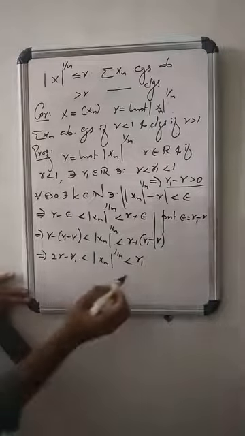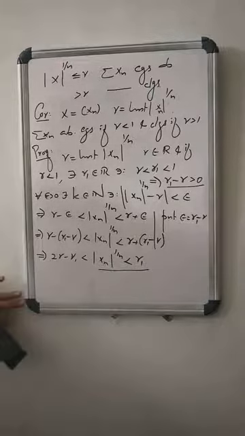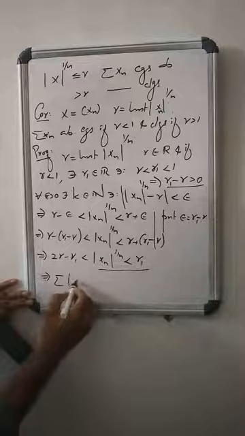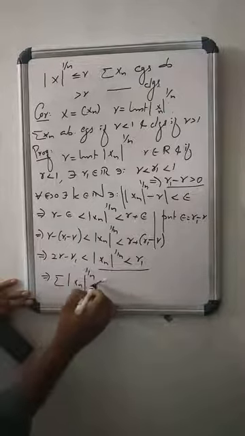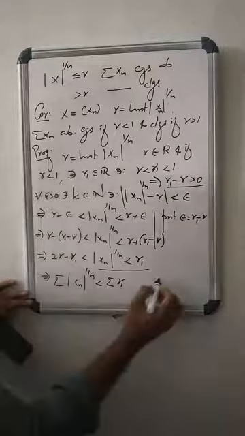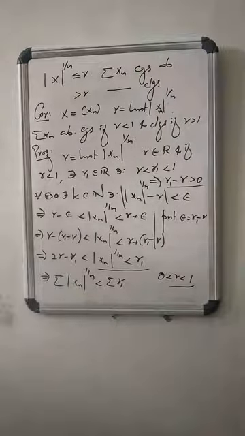Then come to the right side inequality. Modulus of x_n all power 1 by n strictly less than r1 implies sigma modulus of x_n power 1 by n is strictly less than sigma r1. What is r1? r1 lies between 0 and 1, so r1 is less than 1.